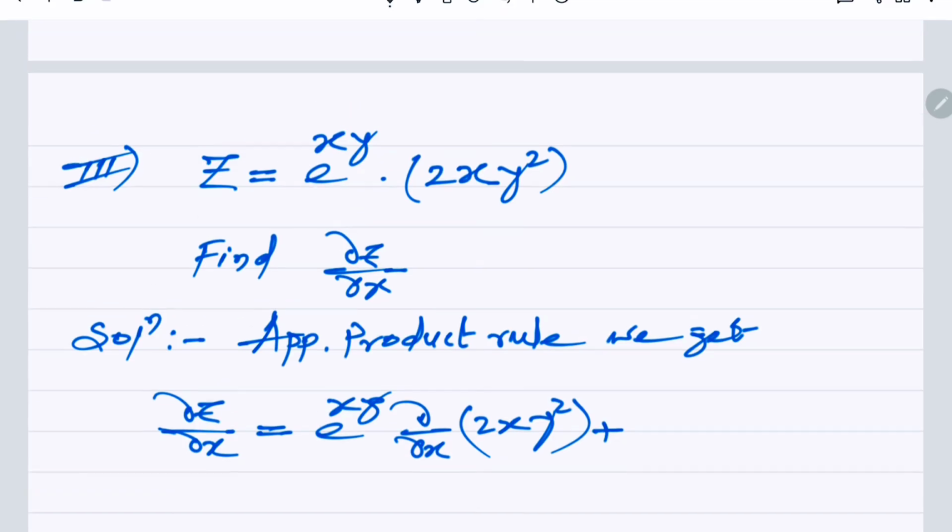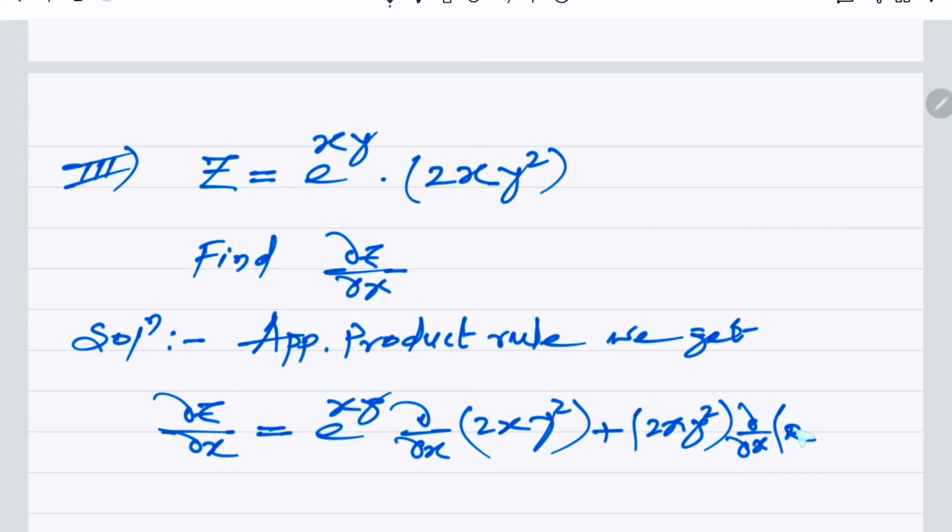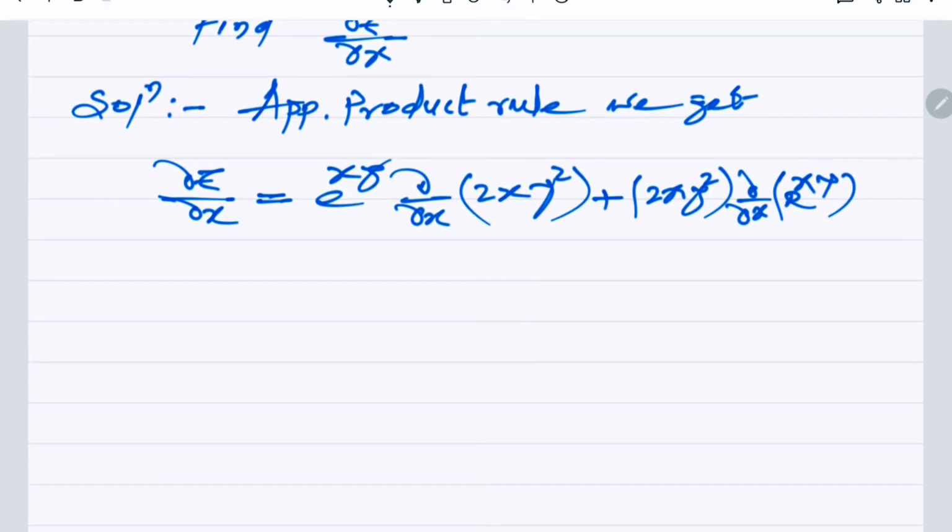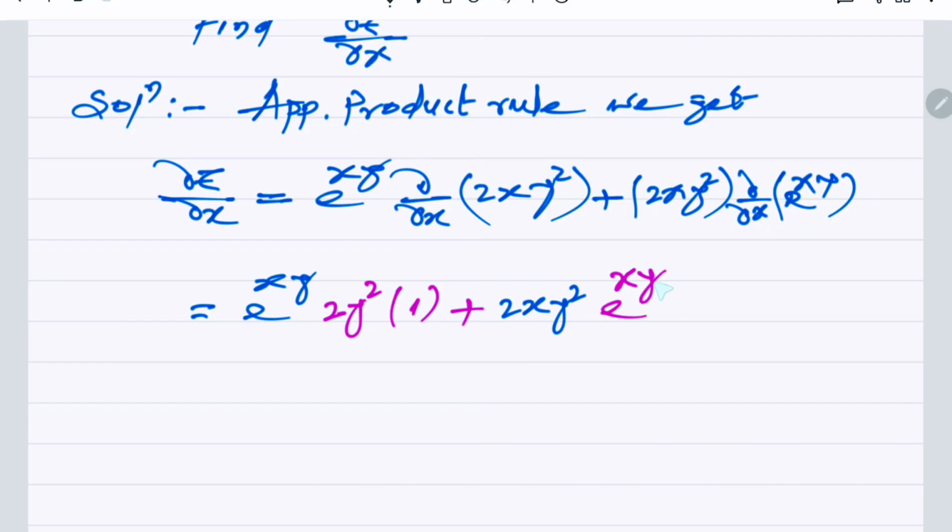Plus the second term as it is, 2xy square, and the derivative of e raised to xy is e raised to xy into y. Therefore we get e raised to xy, 2y square into 1, plus 2xy square e raised to xy multiplied by y.